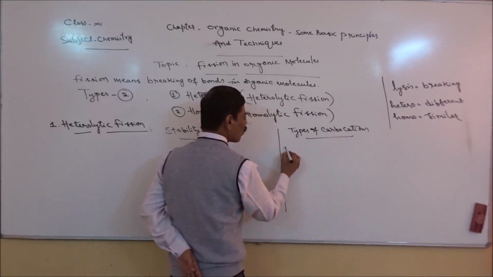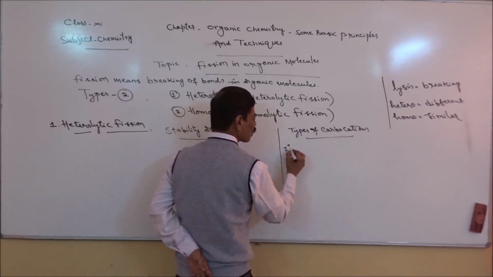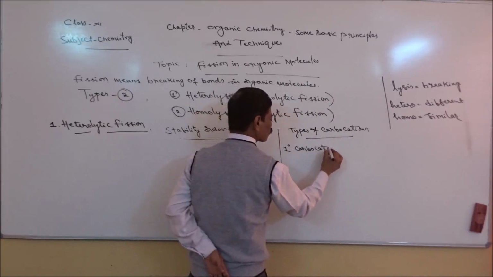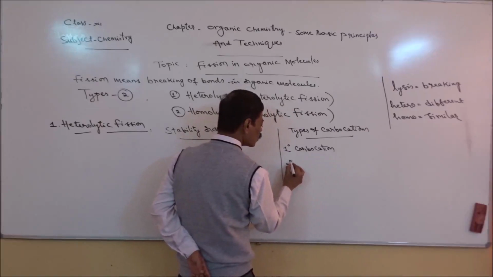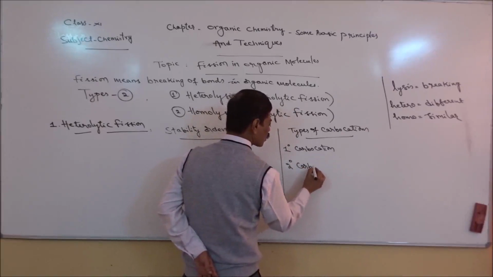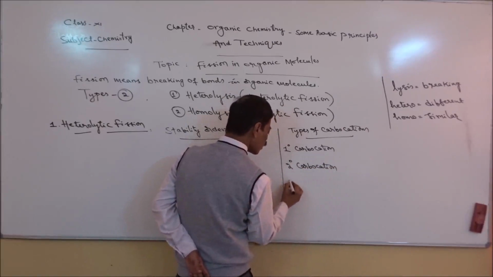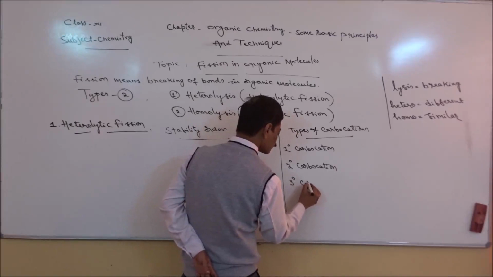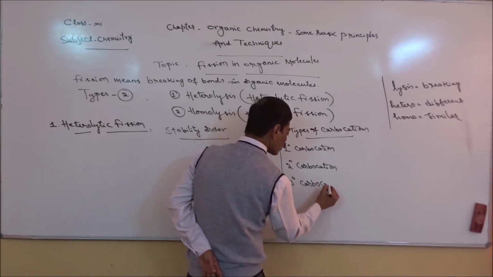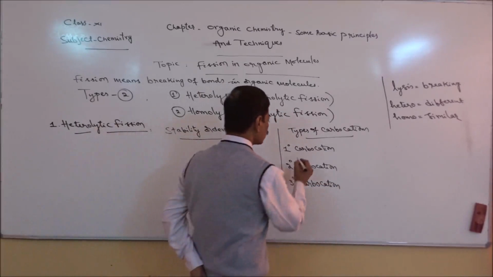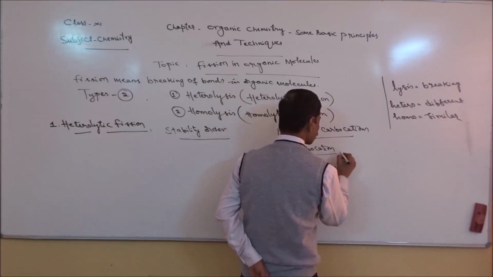There is 1-naught carbocation, right? 2-naught carbocation. In that way we have 3-naught carbocation. Now let us see what is meant by 1-naught carbocation.